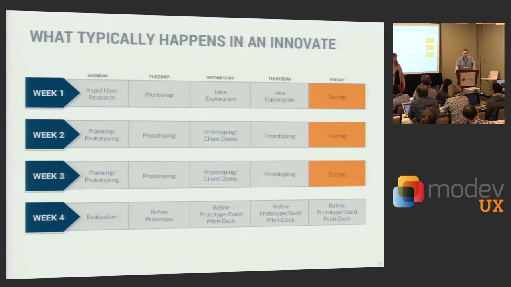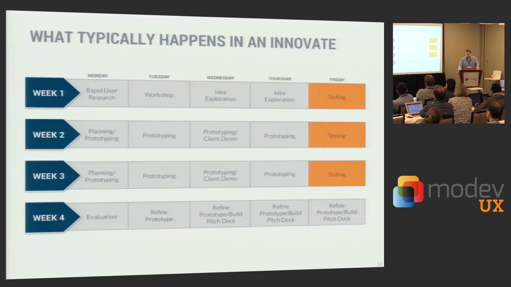We find that it also helps clients get used to the rhythm. They know the cadence of what's going to happen. They have certain expectations, and someone mentioned the challenge of selling this. One answer is that if I can get to Friday and I have some real user feedback, now I can really get someone to buy in.